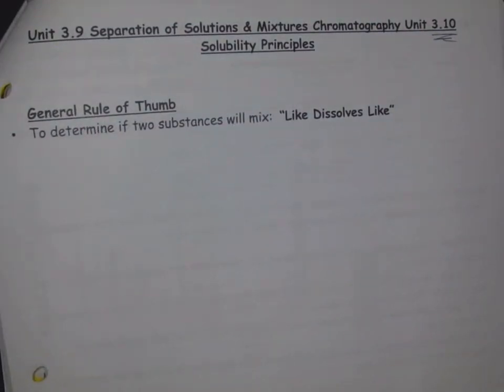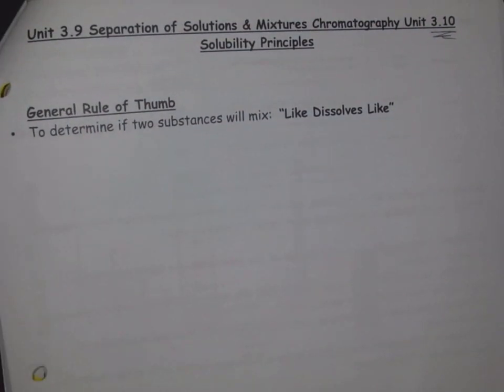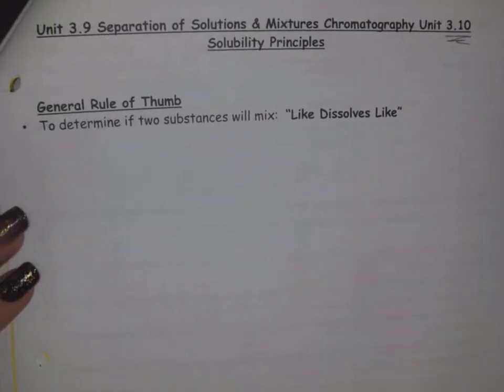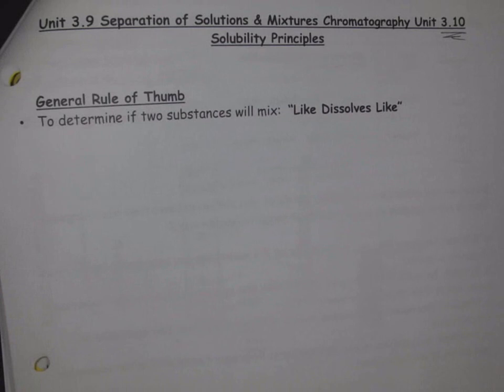And the big rule when it comes to solubility is that likes dissolve likes. Okay? So what I mean by this is that if one molecule is similar to another molecule, then they will have IMF attractions between them, and they're usually stronger than the attractions that occur between different kinds of molecules, like polar versus non-polar.